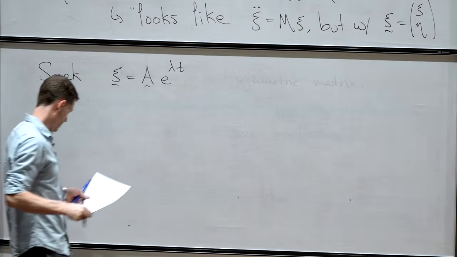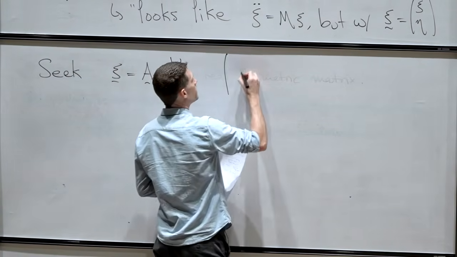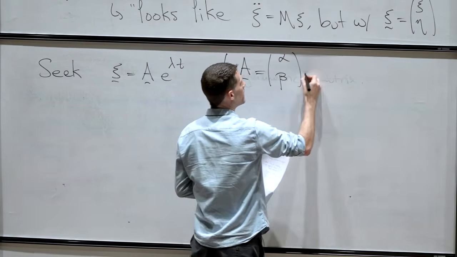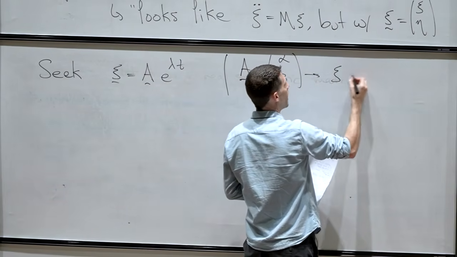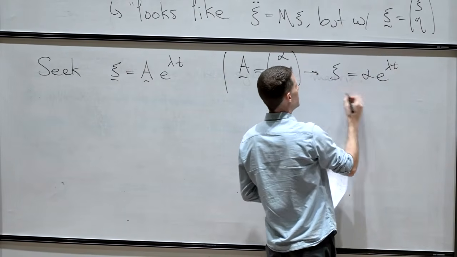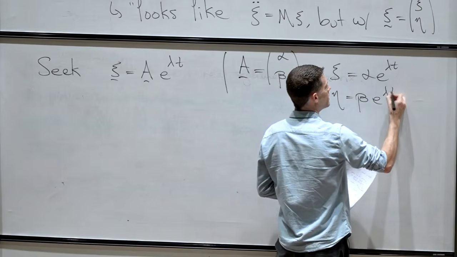And so if A is, say, alpha beta, then that means that we're taking psi to be alpha e to the lambda t and eta to be beta e to the lambda t.